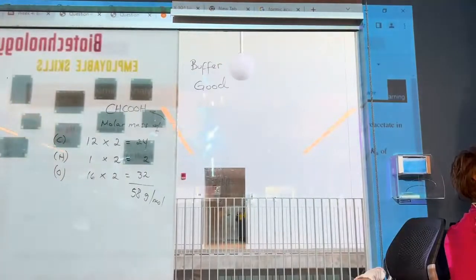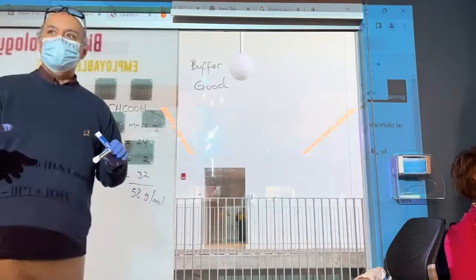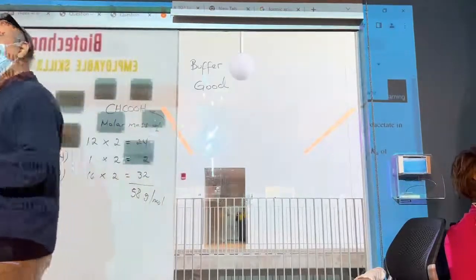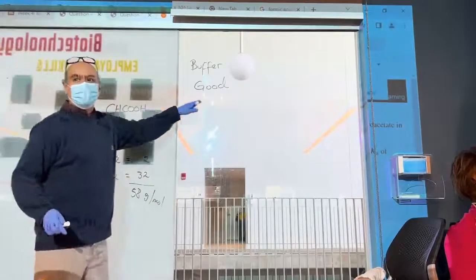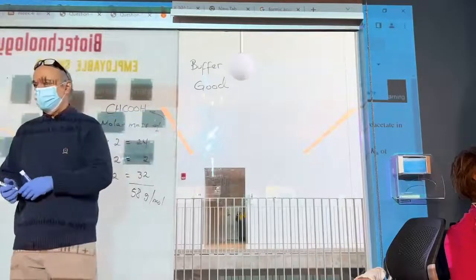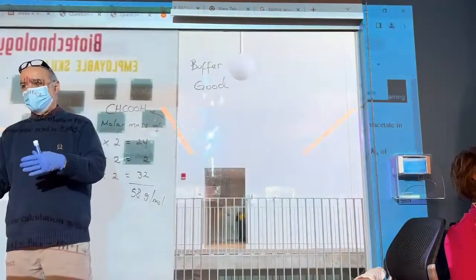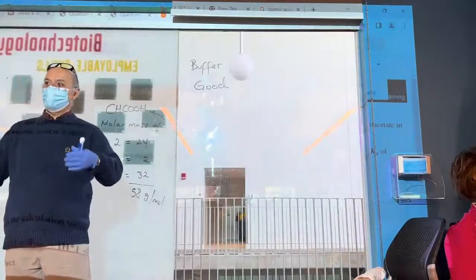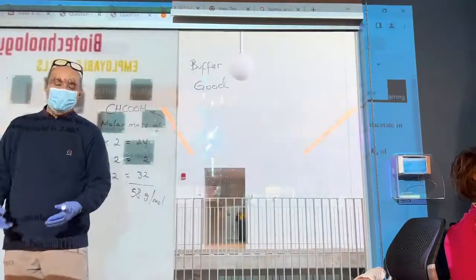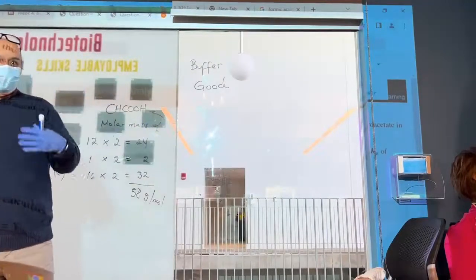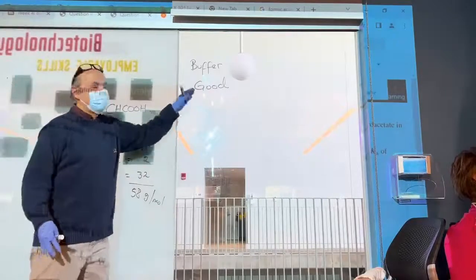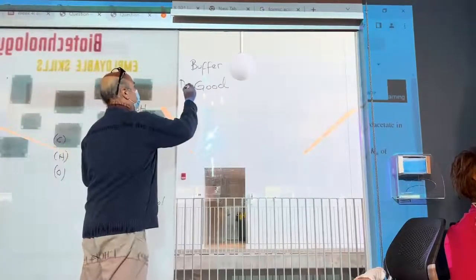And you say, yeah, a buffer that really works very well, I'm gonna come back, find you, and chastise you. Because good in this context means the last name of Dr. Good. So Dr. Good was a biochemist who came up with a list of buffers that are used in biochemistry. They happen to be good, but they're good for biochemistry. So Good is the last name of Dr. Good.